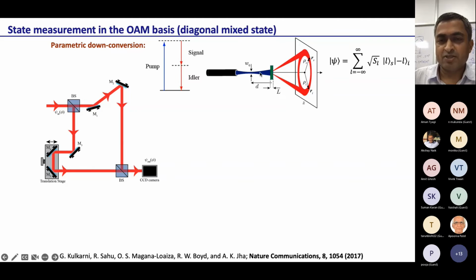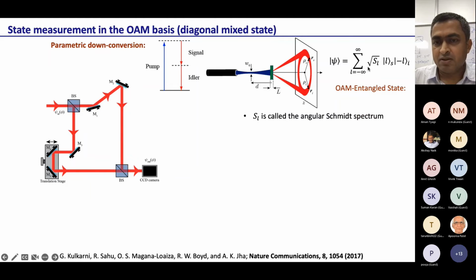This is when the pump has zero orbital angular momentum, which is the Gaussian beam. In this case, this thing is known as the angular Schmidt spectrum. Again, I need to point out that this L can go from minus infinity to infinity. So the signal photon can actually have any L value. But if the signal photon has Lħ, the idler has to have minus Lħ for its orbital angular momentum.